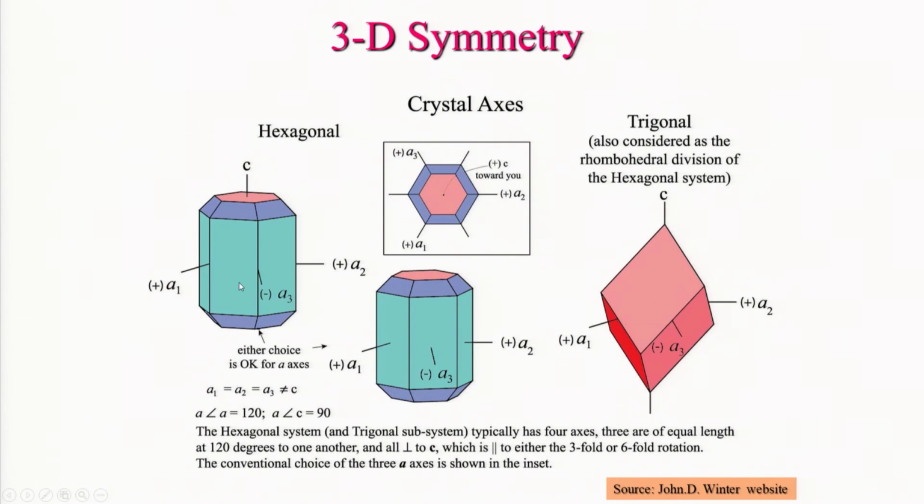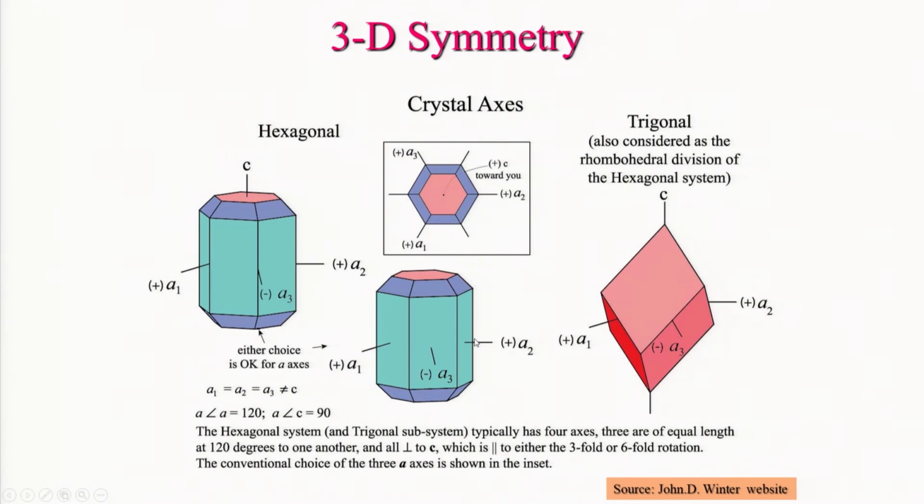So, in these 2 cases here, you can see the different crystal faces. In this case of A1, A2 and A3, this is the positive direction of A2, this is the negative direction of A3, this is the positive direction of A1. This essentially passes through the center of the edges of these two crystal faces here. Whereas, in this case A1, A2 and A3 are perpendicular to these crystal faces.